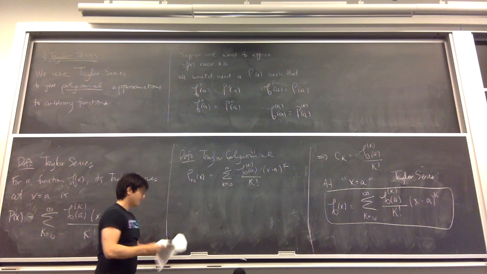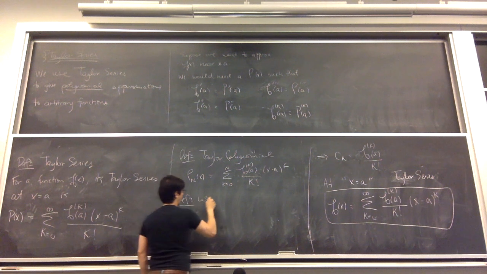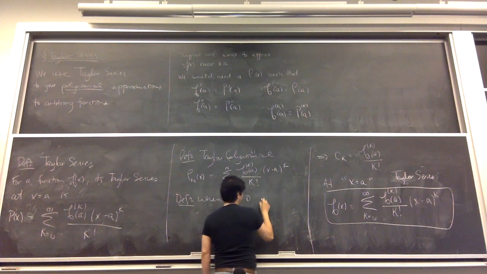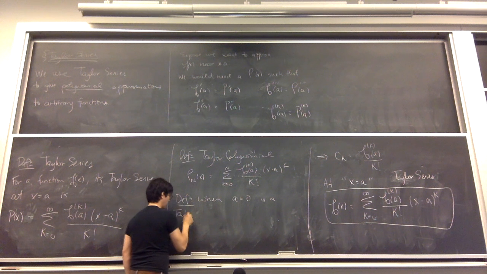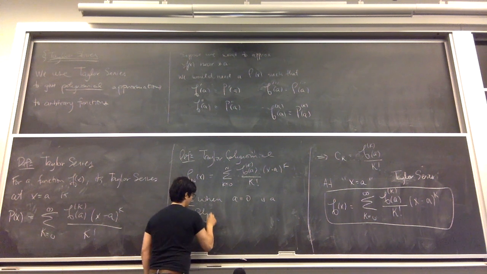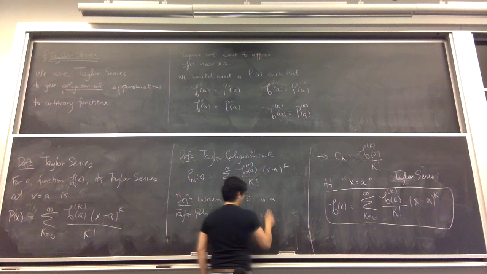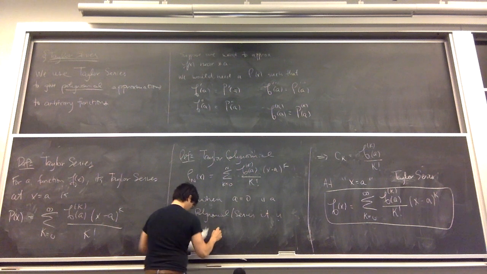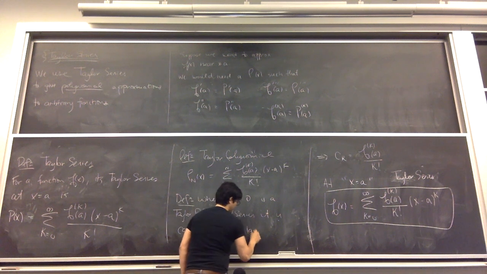Something irritating is when a is equal to 0 in a Taylor polynomial or series, it is called a Maclaurin series.